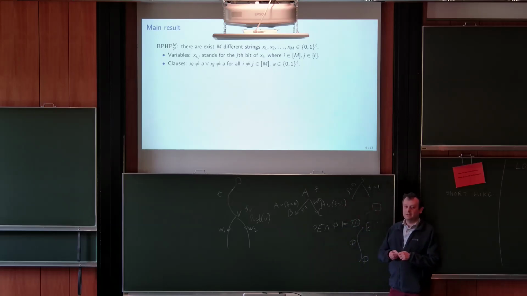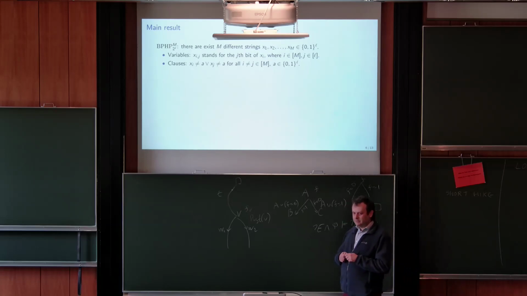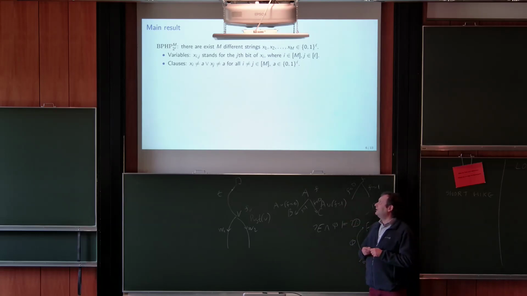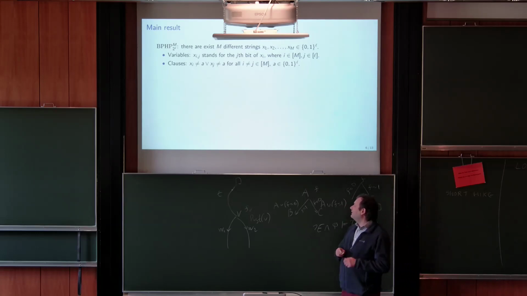The variable x_ij is the jth bit of the string xi, and the clauses are encoded in CNF: for every pair of pigeons i and j and every address a, we say that either xi does not equal a or xj does not equal a, and this is just a plain clause.